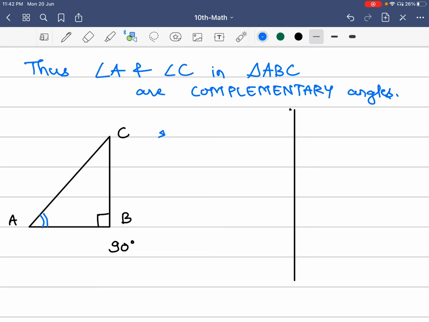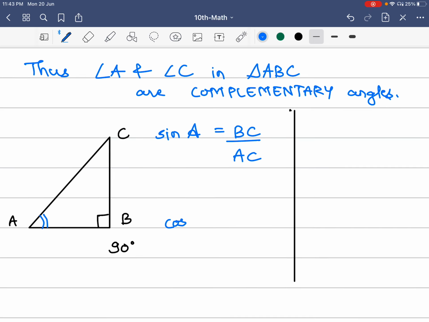Sine of angle A is equal to opposite side divided by hypotenuse, so it is equal to BC by AC. And cos of angle A is adjacent upon hypotenuse, so it is going to be AB divided by AC.